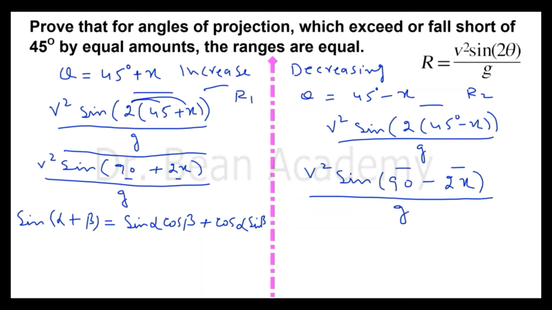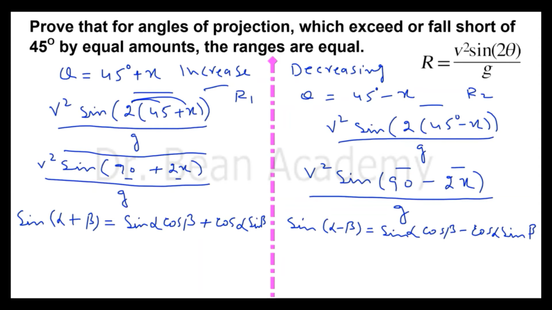In the negative section, it is sine of alpha minus beta, and it is equal to sine of alpha cosine of beta minus cosine of alpha sine of beta.